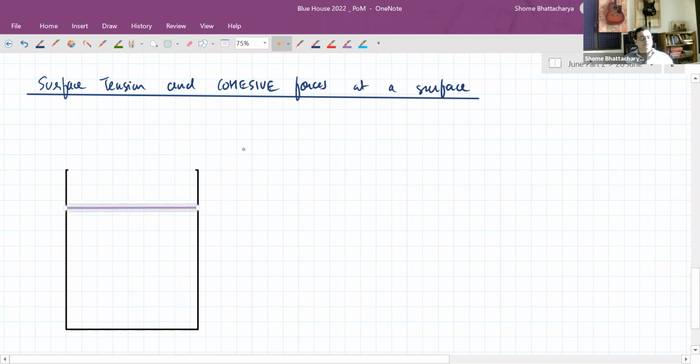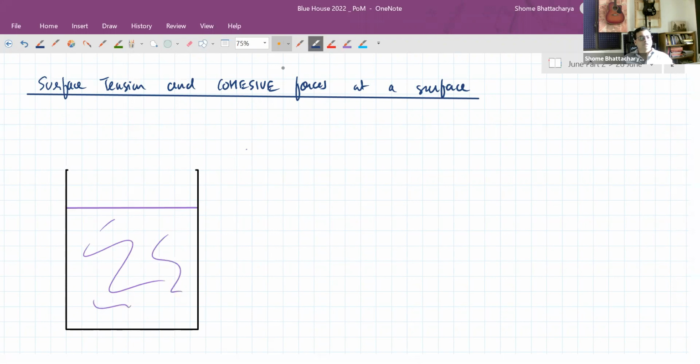Now compare the cohesive forces that are acting on a liquid molecule at the surface versus cohesive forces acting on a liquid molecule inside the body of the liquid. So at the surface, the cohesive forces which are acting are like this. So they are more predominant tangential to the surface. Whereas inside the volume, the cohesive forces are sort of balanced equally in all directions. Okay. So this is what creates the property of surface tension.